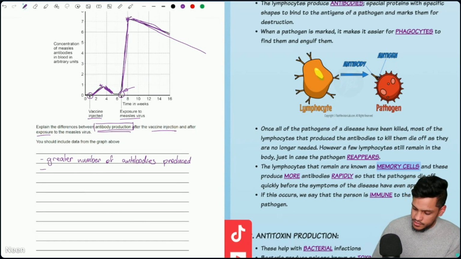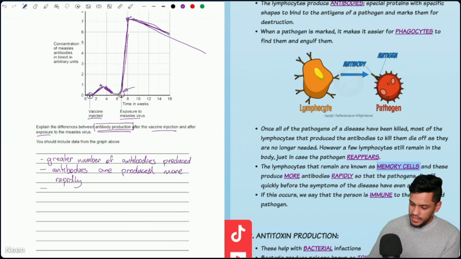Another thing you can say, so I talked about the steepness, antibodies are produced more rapidly. And remember, they're decreasing more slower. You can say that the antibodies remain in the body for longer.